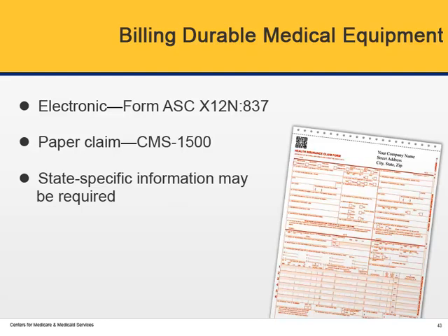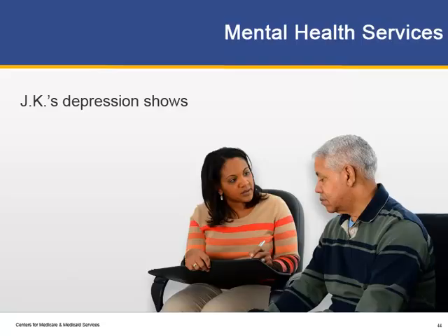Throughout the course of JK's illness, he received several medical services. The final service furnished to JK that we will discuss is mental health services. JK was reluctant to meet his in-home therapist and told his wife emphatically several times before she arrived that he was not crazy.